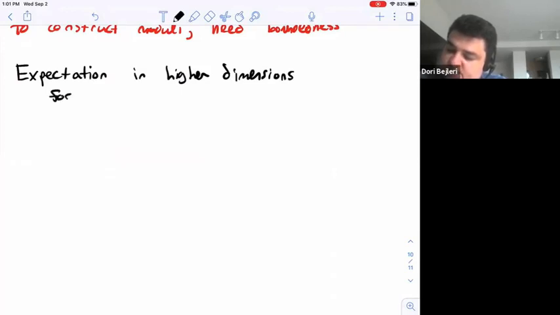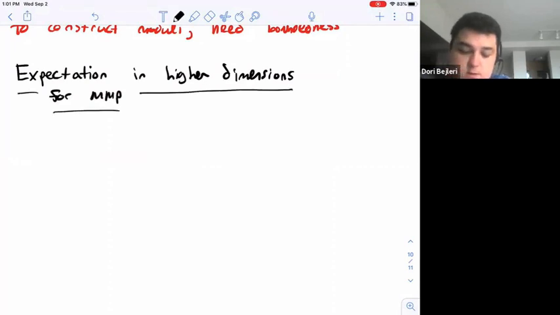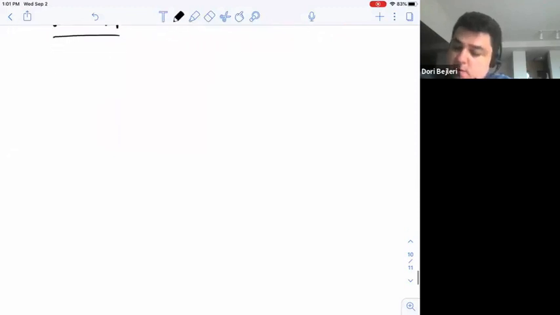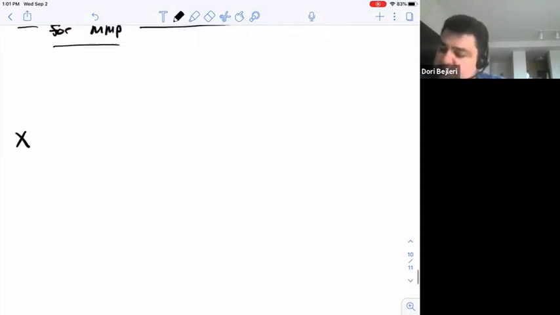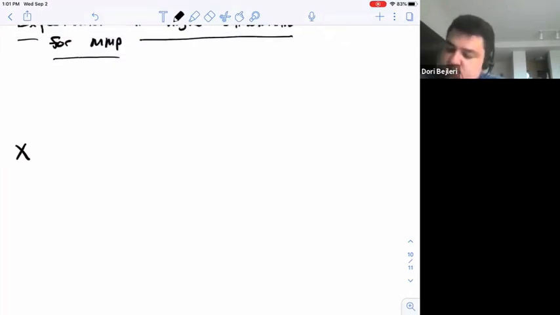So maybe the expectation for MMP. We start with our smooth projective variety X, now of dimension 3 or higher. The first step is: what's the analog of these blowdown maps that produce for us a minimal surface?